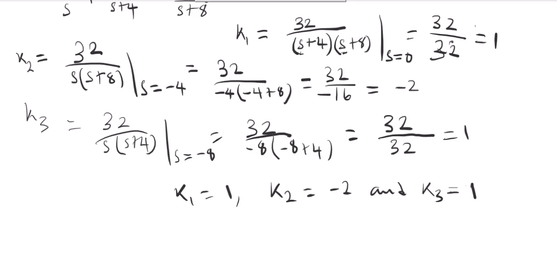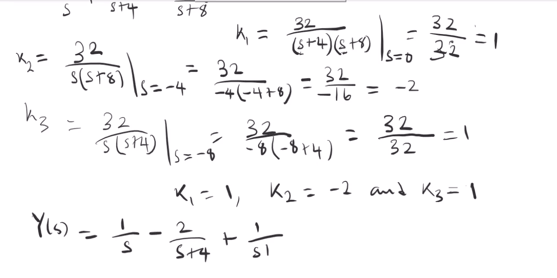So the output response y of s becomes 1 over s minus 2 over s plus 4, then plus 1 over s plus 8.